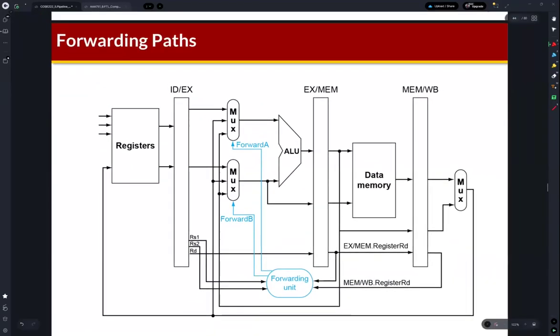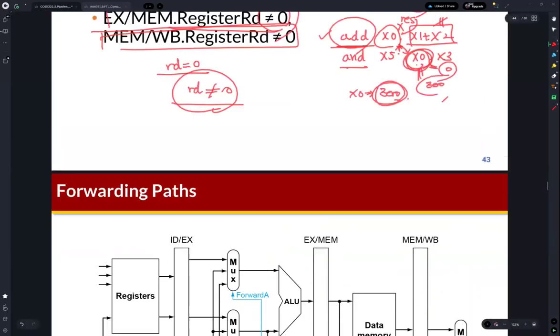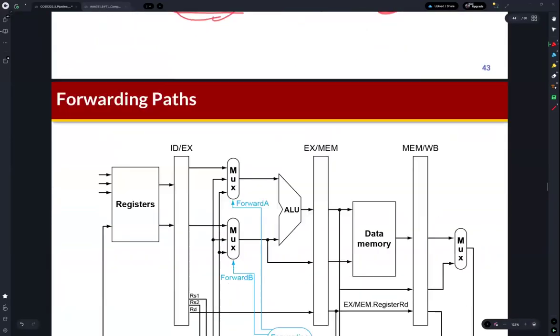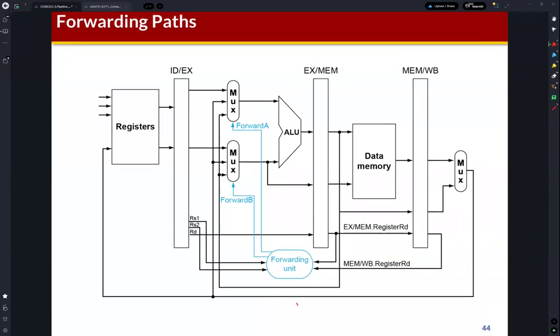Okay, so let's see how the data forwarding is implemented. We just learned about the two data forwarding paths, right? What is the first one? The first one is the memory stage to ALU, so actually the input of the ALU, right?